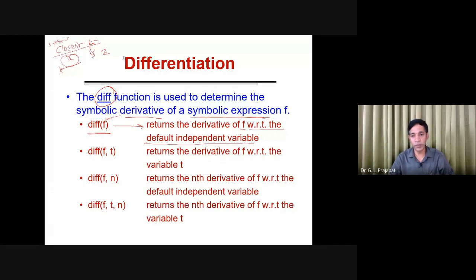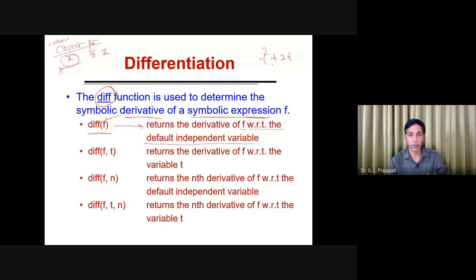People get much confusion in this case. The confusion is which one is the independent variable. Say you have only one variable, like t square plus 2t, and say this is f.